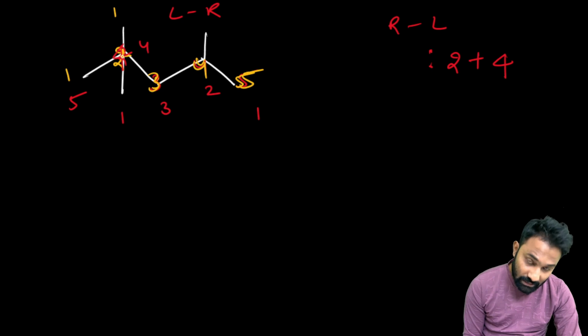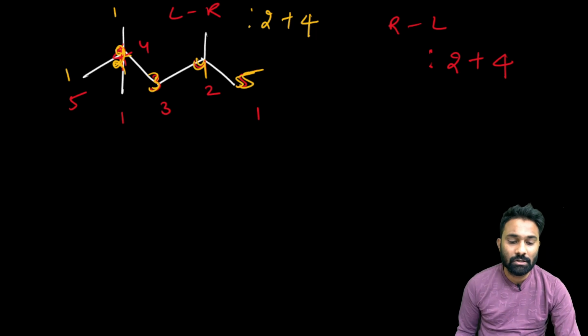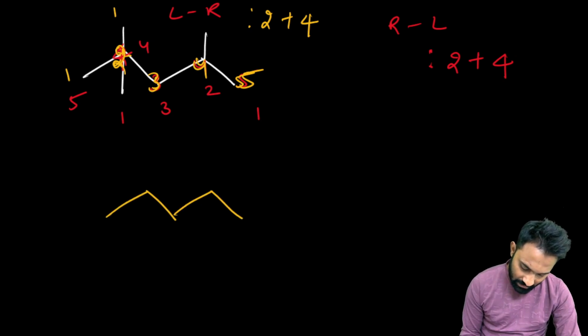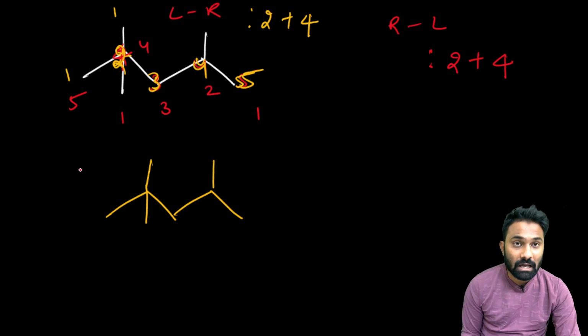Here also we are getting 2 and 4. 2 plus 4. Clear? Now anywhere the numbering is same. So for the parent carbon chain, the numbering we can give either from left to right or right to left. Then you will not get confused.